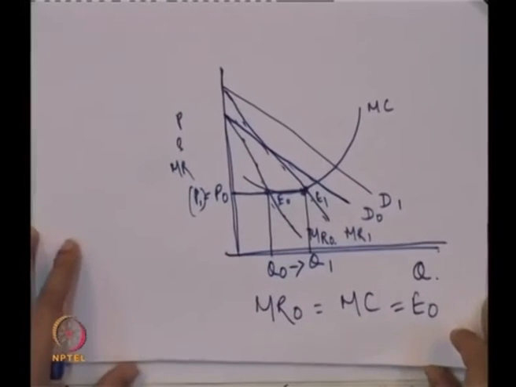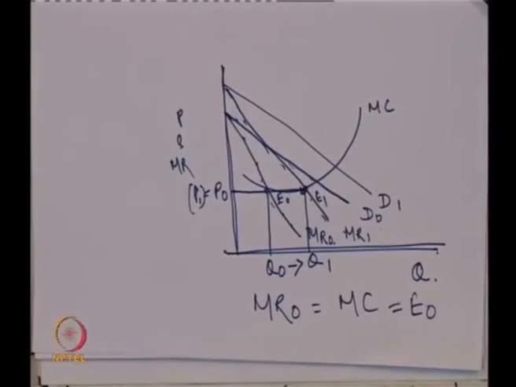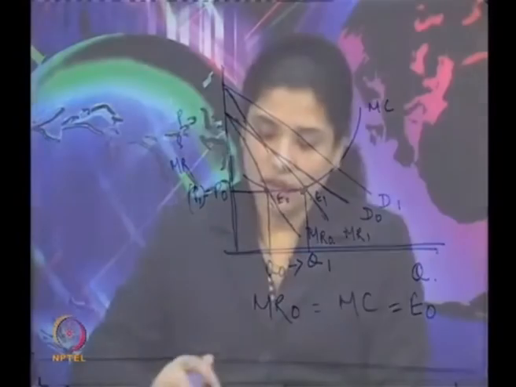So, in this case we can conclude that if there is an upward increase in the demand, there is correspondingly a shift in the marginal revenue curve, but the position of the marginal cost curve is such that even though the new equilibrium takes place and we get a new level of output, we are not getting a new level of price. The price remains constant, only the output changes.